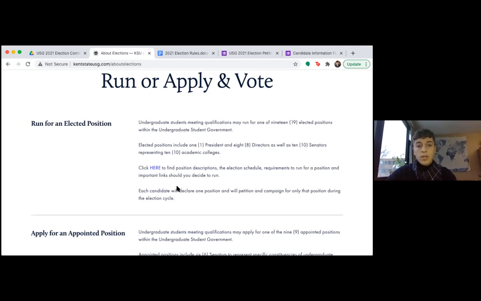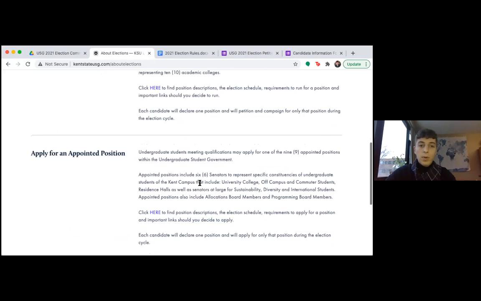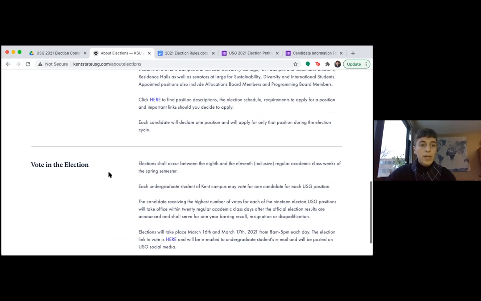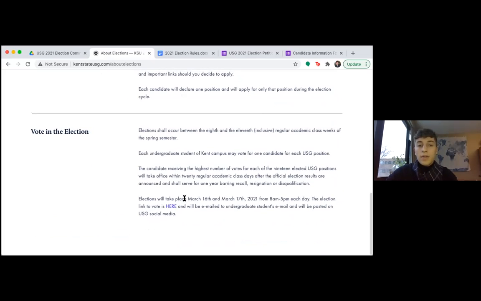That information is here, and we'll have some position descriptions up so you'll be able to learn about the gist of the position that you're interested in, or if you're making a decision, feel free to look through those and compare. There's some appointed information here, as I was talking about earlier. And then there's some information on voting in the election.